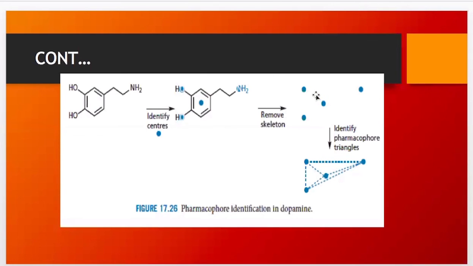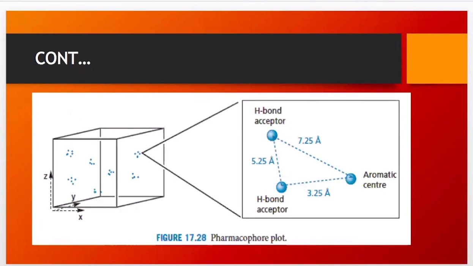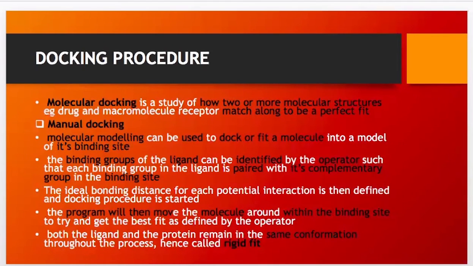You now make triangles on each of them to identify pharmacophore triangles, which are put together. We identified four of them for dopamine. And then, like I mentioned, you need to look at another structure that has similar activity to dopamine, then compare the triangles and then the pharmacophore plot. This is how it looks. That's the identification.